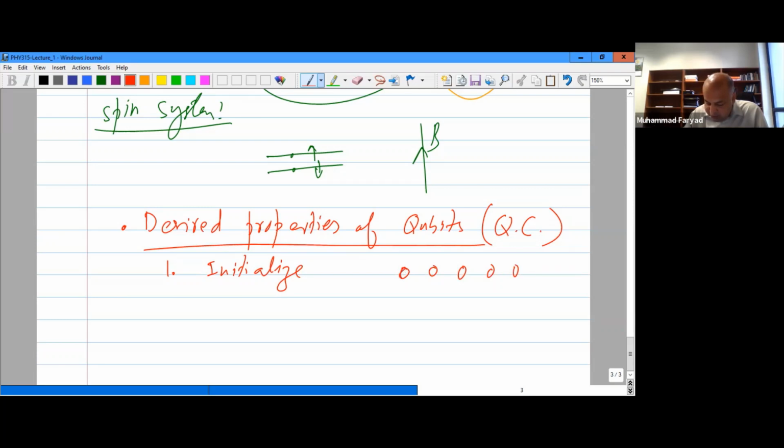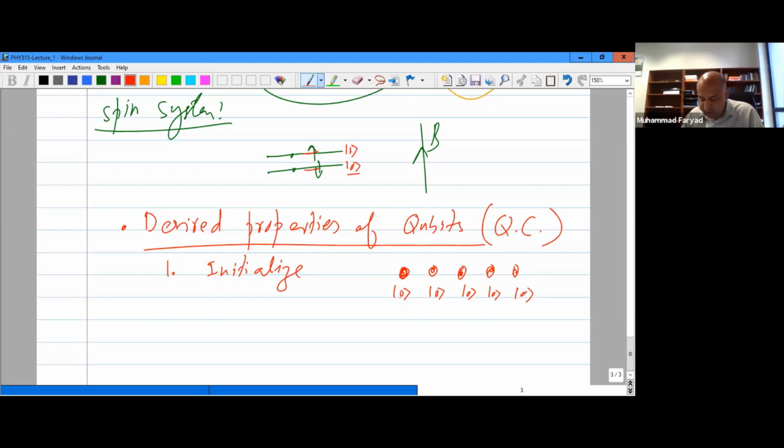Now this circle is not something physical. This is just a schematic representing 1 qubit. So let's say these are my qubits. So when I turn on my computer, I should be able to, suppose, initialize all of them in the ground state. Now this 0 means this energy level, the lower one, and usually 1 means the upper energy level. 0 doesn't mean 0 energy, this is just a label for one level, and this 1 is the label for the other level.